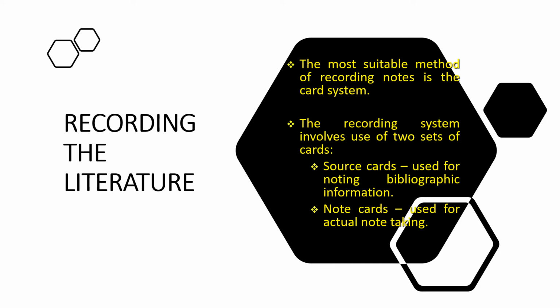Source card is a collection of sources of the relevant material, whether it is a book, a journal, or an electronic or internet source. And note card is the collection of the data which is extracted from the source.